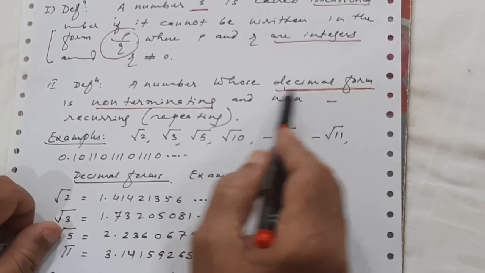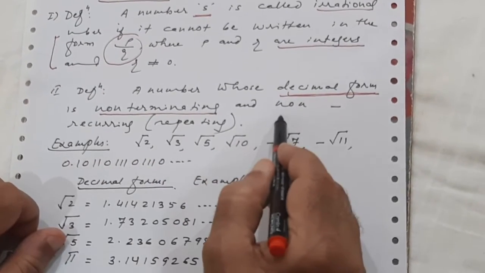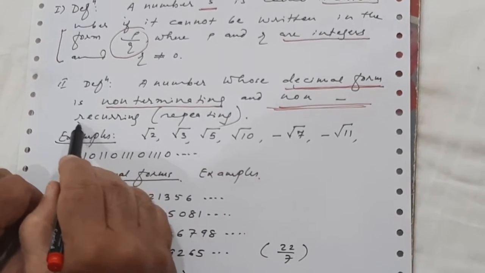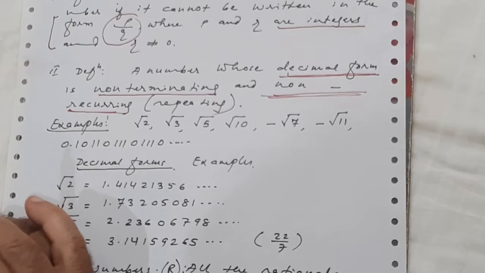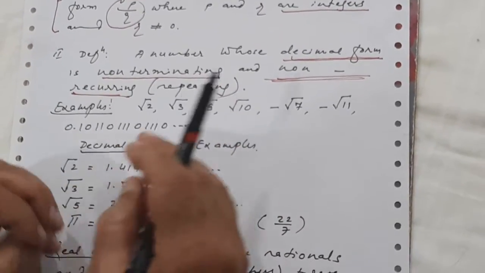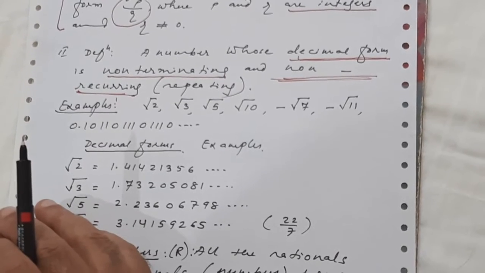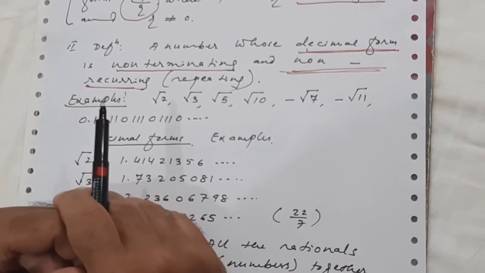A number whose decimal form is non-terminating and non-recurring. This is the important thing here. Non-recurring means non-repeating. So both non-terminating and non-repeating, or non-recurring, then that number is called an irrational number.